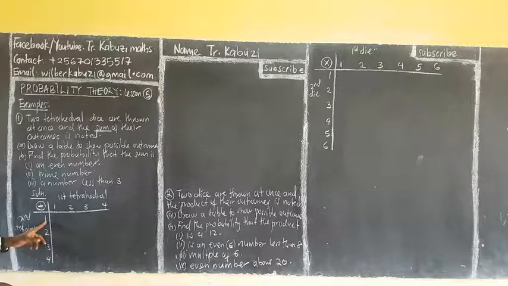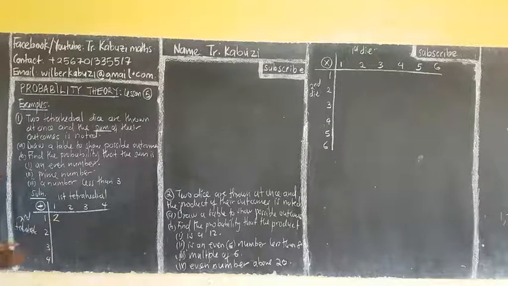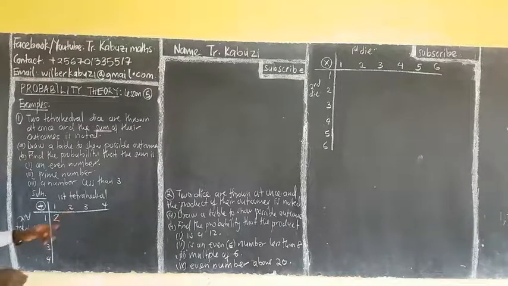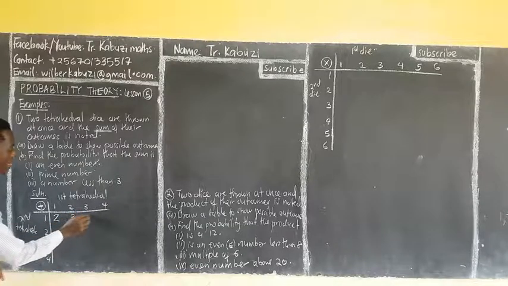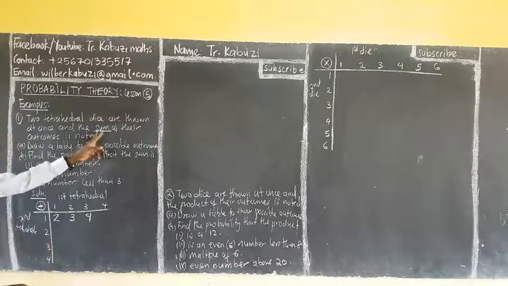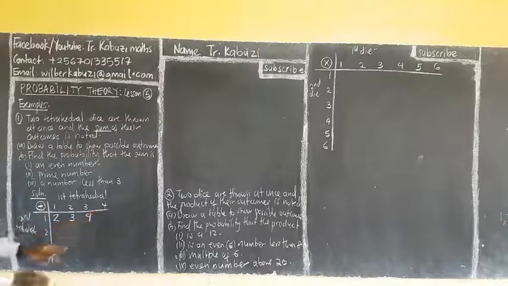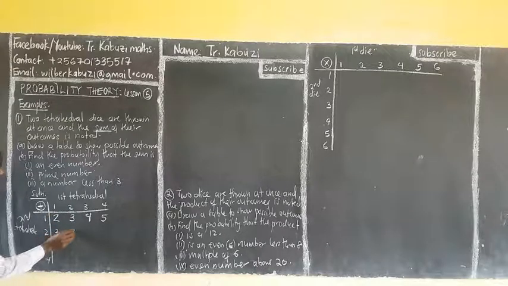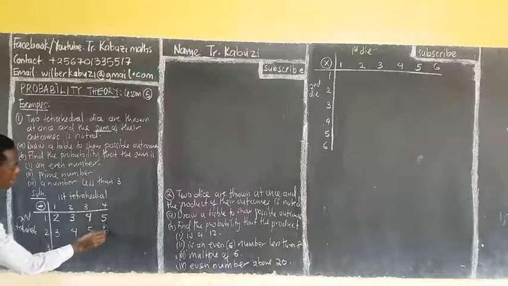So when I produce 1 and 1, their sum is going to be 2. When I produce 1 and 2, the sum is 3. When I produce 1 and 3, the sum is 4. 1 plus 4, I get a 5. When I come to 2 and 1, 3; 2 and 2, 4; then 5, then 6.